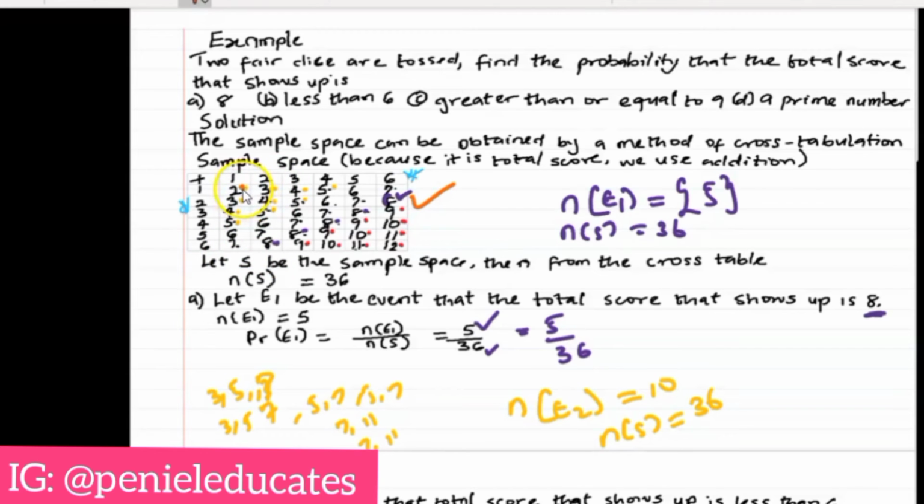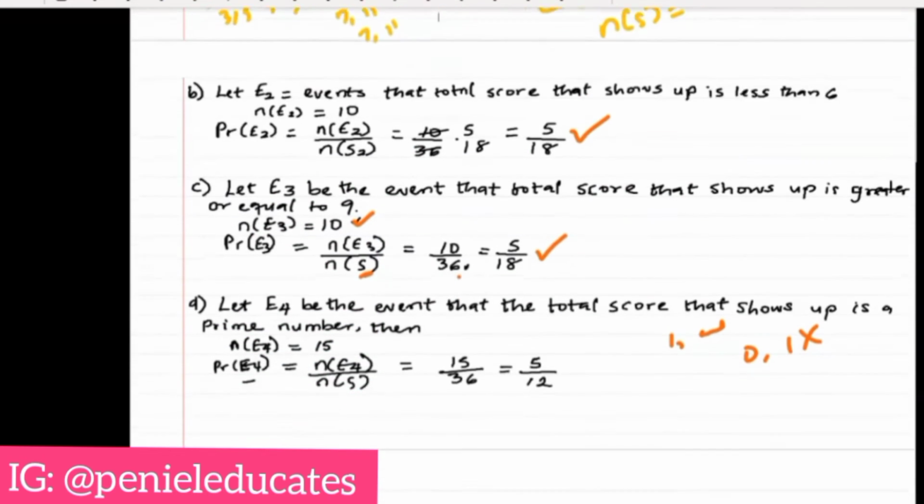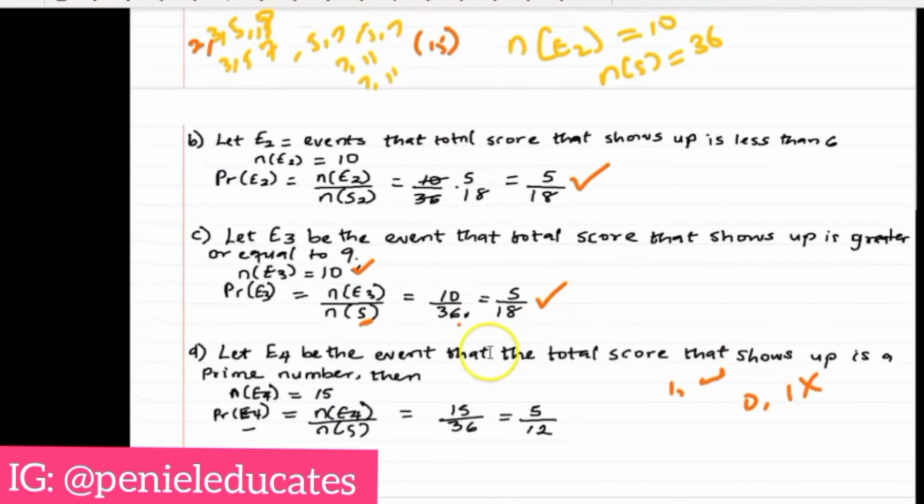Sorry, I didn't pick this 2. That's 2, 2 in the first one. That is 2, 3, 5, and 7. So that makes it 15. All right, so those are the prime numbers. So that's 15. We can then say that our sample space is still 36.